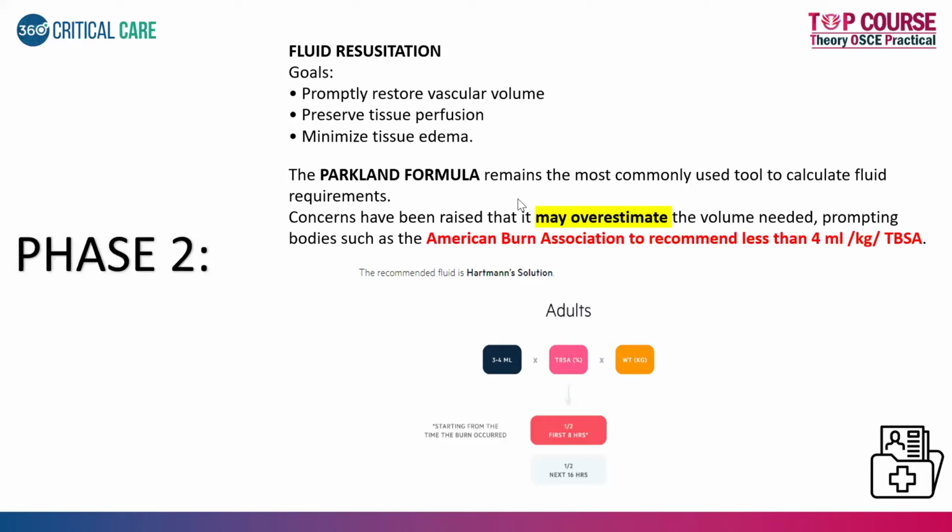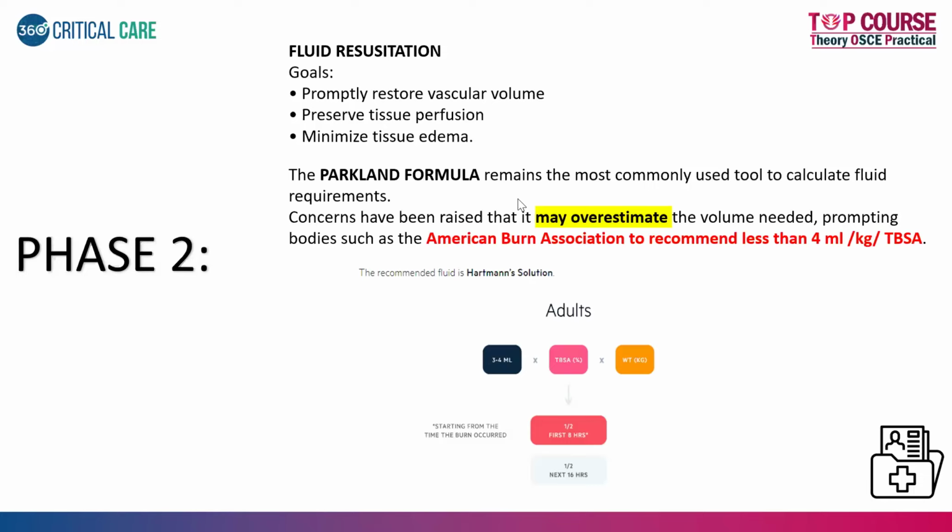So, what does the Parkland formula say? It says that the initial fluid resuscitation is 3 to 4 ml times the total body surface area percentage of burn times the weight of the patient in kilograms. You should give the first half in the first 8 hours and the next half in the next 16 hours. I will repeat it again.